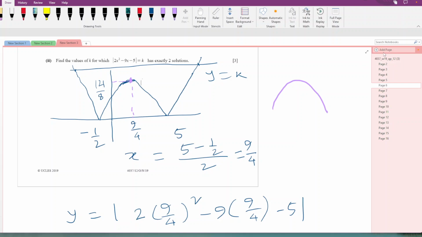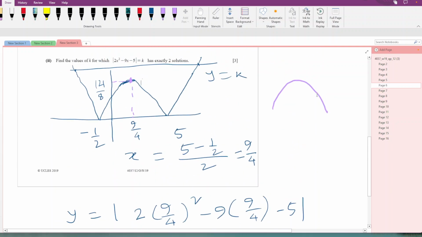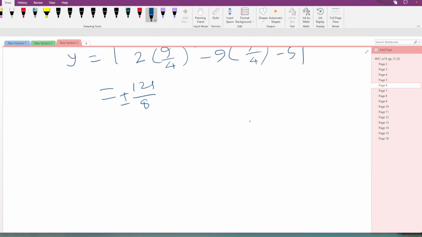Therefore, to find the values of k, k is greater than 121/8, and this is done.